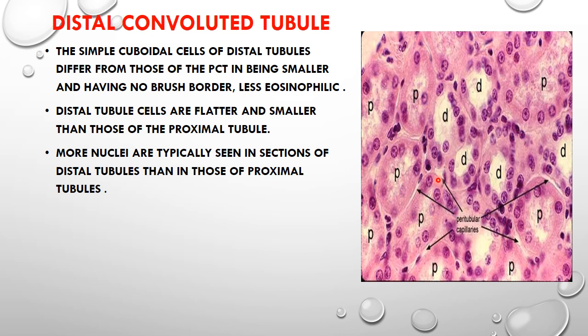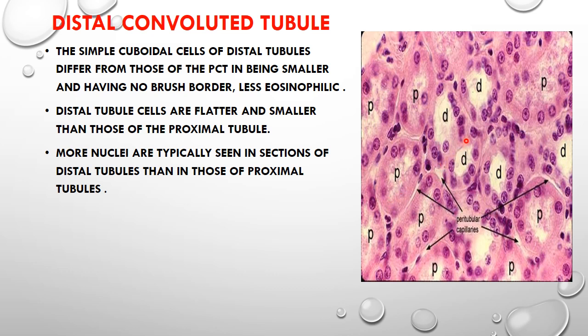Now, the distal convoluted tubules are also composed of simple cuboidal epithelium with a centrally placed rounded nucleus. But the distal convoluted tubules are less eosinophilic and they have sparse microvilli. Therefore, the brush border is not prominent in the distal convoluted tubules.